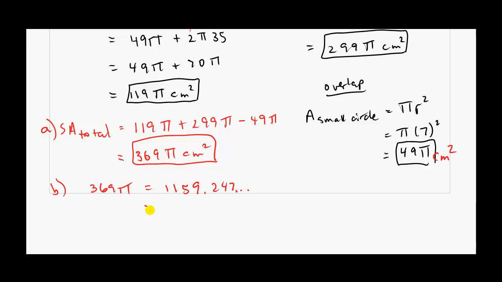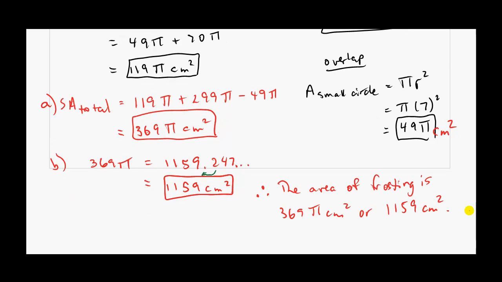In part B, we are prompted to leave our answer to the nearest centimeter. This indicates no decimal places. The 2 will not affect that 9, and so it would be 1159 square centimeters. This concludes video number 7.